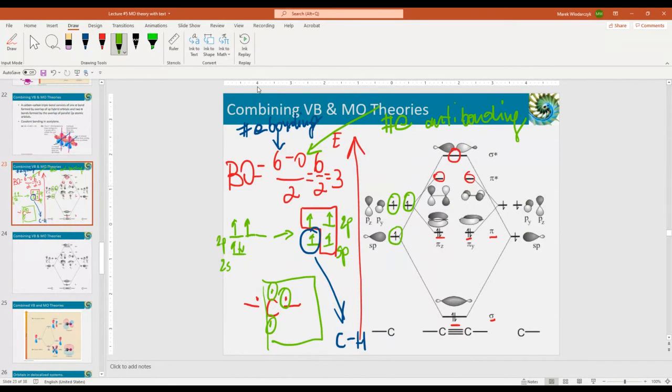So if you look at our molecular diagram, we have 2 electrons on the sigma bond, and then 2 electrons on the pi z, and 2 electrons on the pi y. Each and every arrow here represents 1 electron. We have 6 arrows, 6 electrons. Then you look at anti-bonding orbitals that are represented here. So sigma anti-bonding and pi anti-bonding, and there are 0 electrons on each. So that's why the second value is 0. Okay.